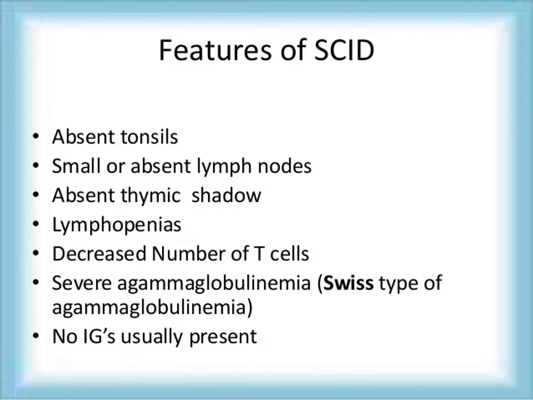So without marrow transplantation, this disease is fatal. And also, it's a disease in which gene therapy to replace a defective gene in a stem cell has been successfully applied.